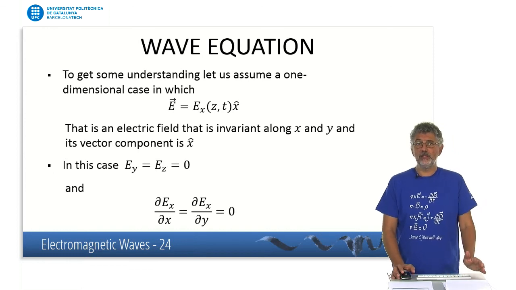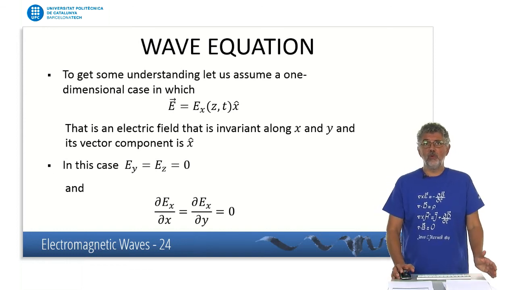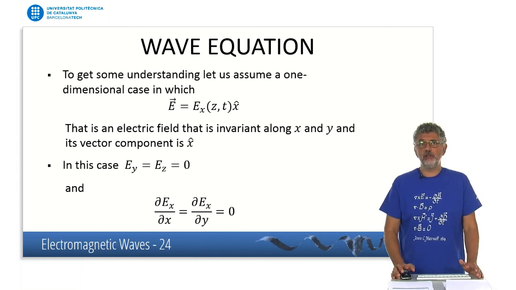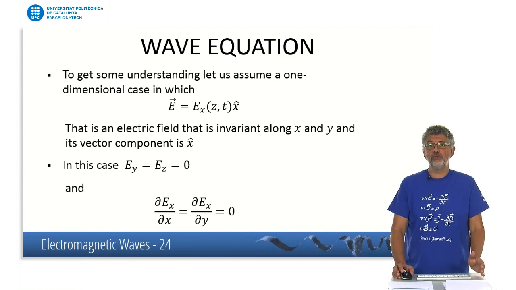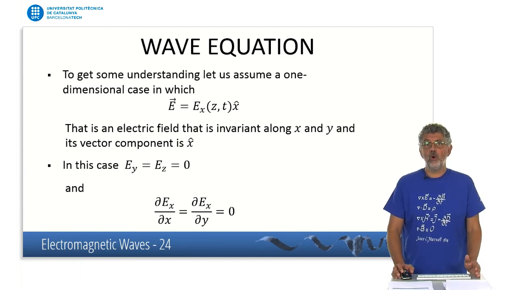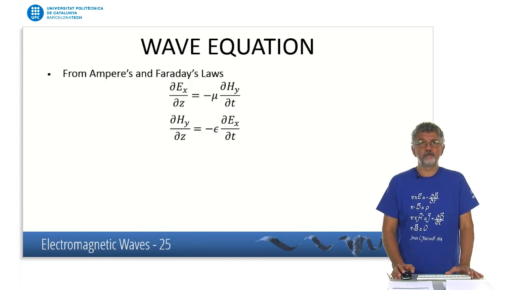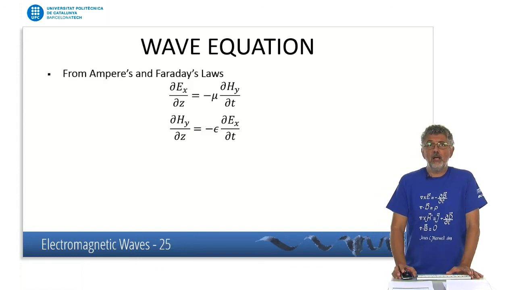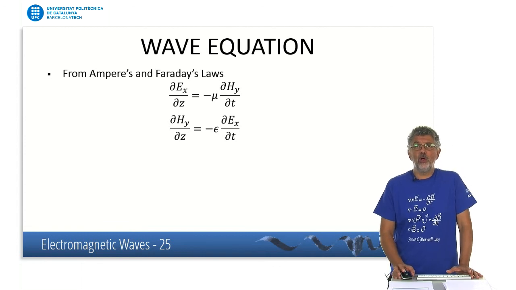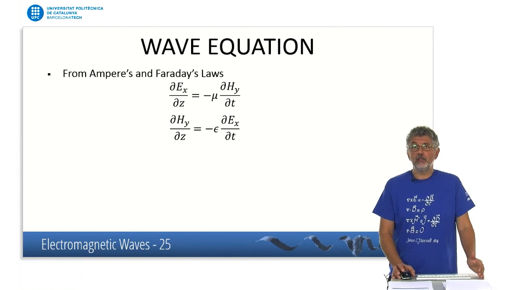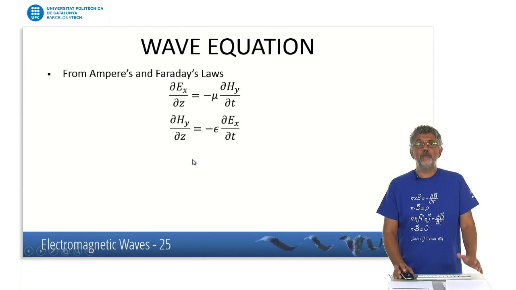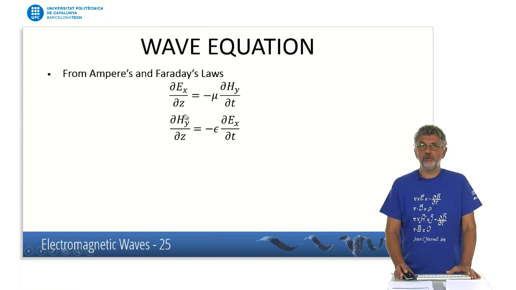In that case, since the field only has one component, E sub y and E sub z are 0, and also since the field does not change along x and y, its space derivatives are also 0. In that case, from Ampere's and Faraday's laws, and remembering the mathematical expressions of the curl, they are simplified, and we have this sort of relationship.